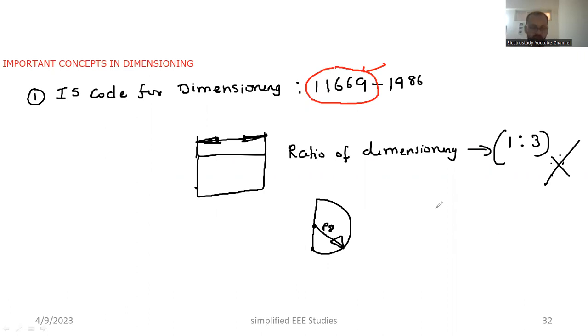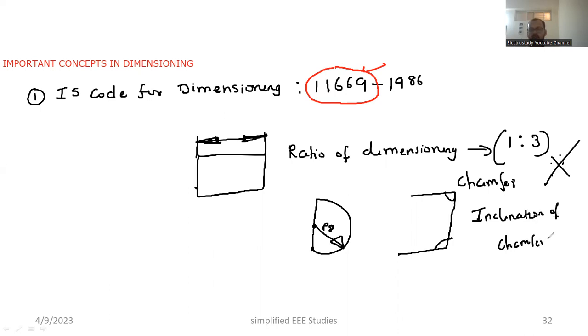Similarly, some chamfer type dimensioning is also available. For example, I need to mark this particular chamfer. How to make the dimensioning? Usually the inclination of a chamfer will be 45 degrees. Suppose the depth of the chamfer is 5 mm, or 3 mm.